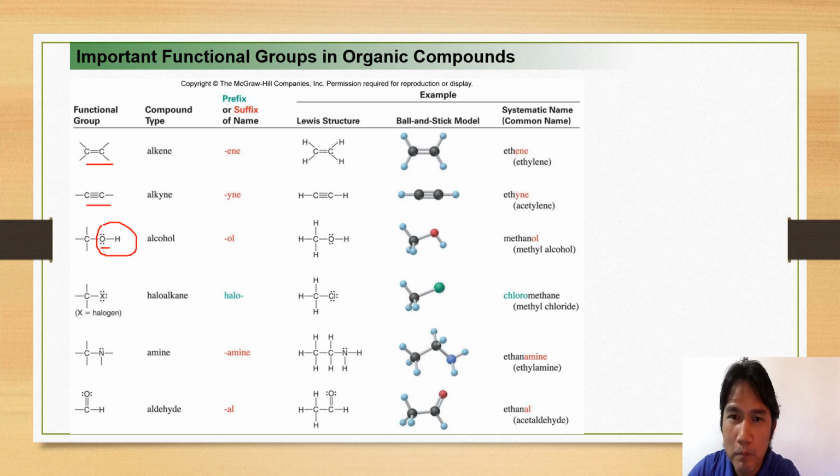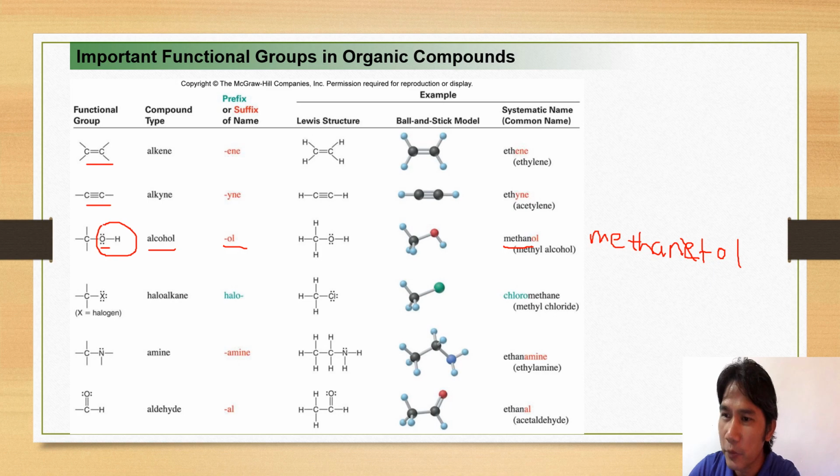So we call the compound alcohol. Alcohol ends with -ol, so you just add -ol to its parent name. With one carbon, remember methane. From the word methane, you drop the letter e and replace it with -ol, for methanol.